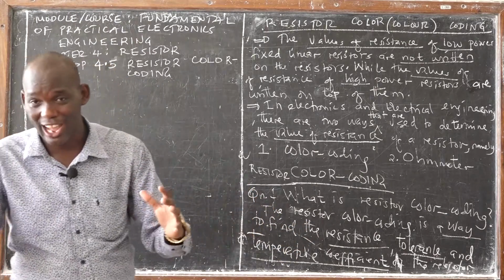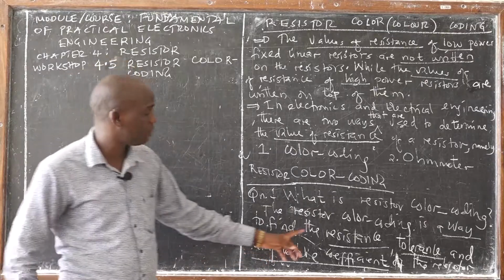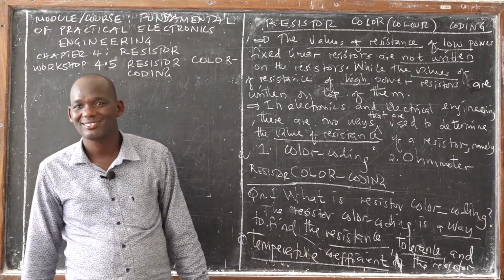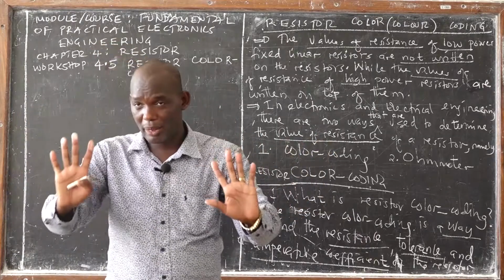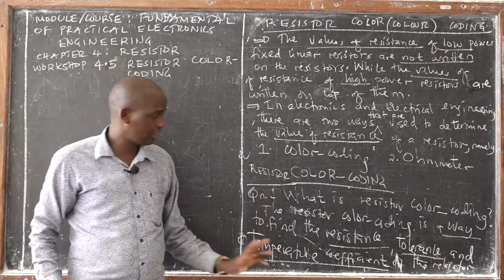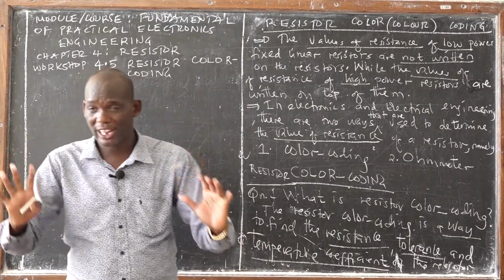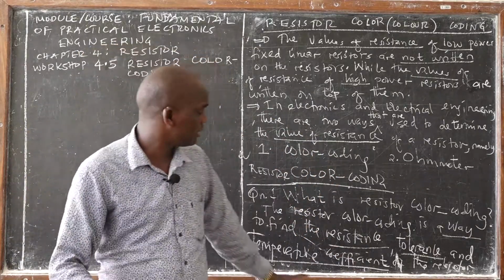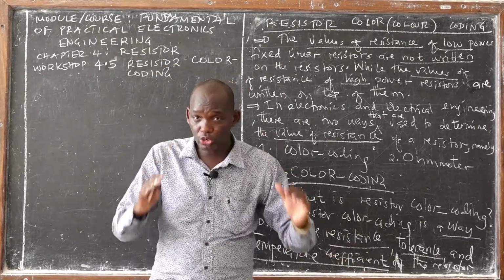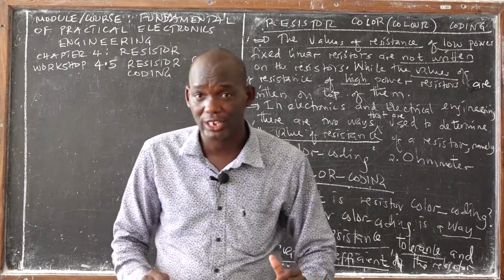Many students know how to use color coding just to compute resistance. That's all. Are we together? Maybe the students physically in this class and even some online students know how to use color coding to compute the resistance, but possibly you have never practiced it several times.